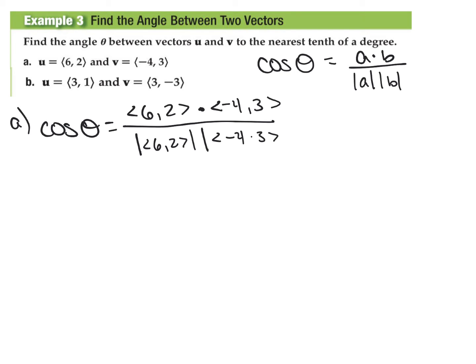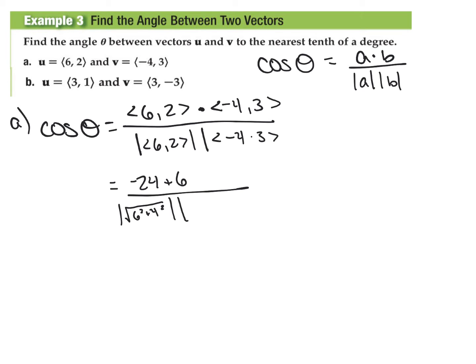Once again, the magnitude can be found by doing the dot product of it to itself. So looking at the numerator, 6 times -4, doing the dot product, that gives us -24, plus 2 times 3, that's 6. And then over, it's the square root of 6 squared plus 2 squared.